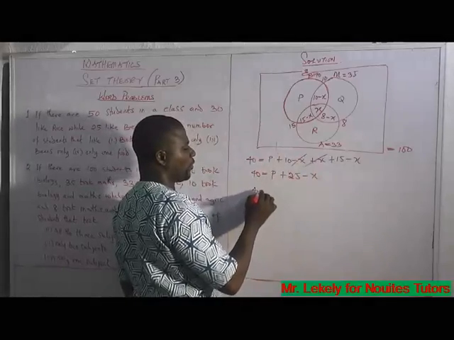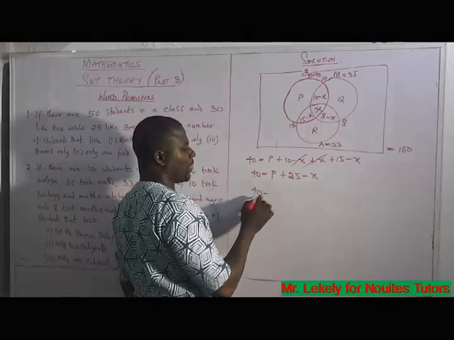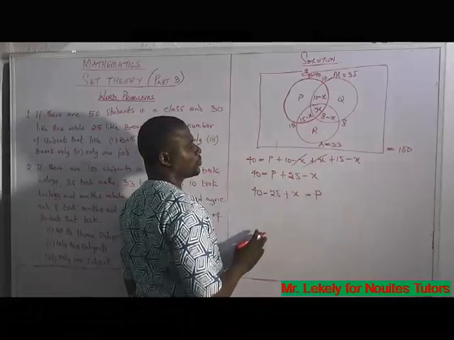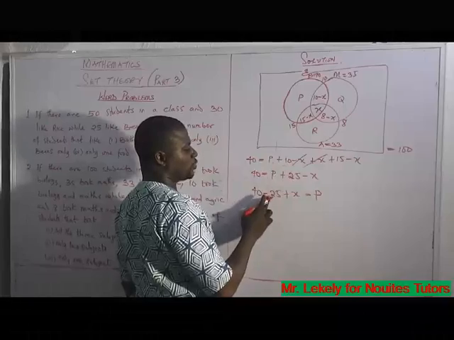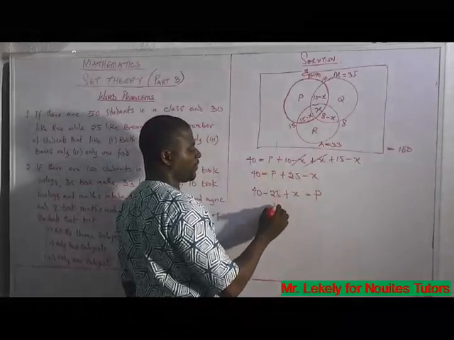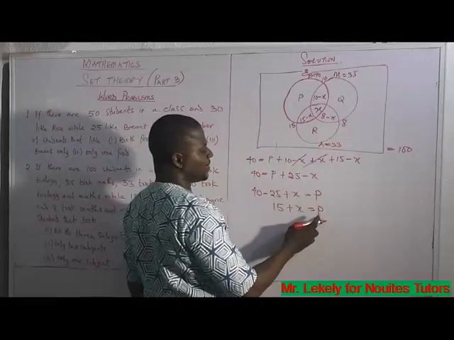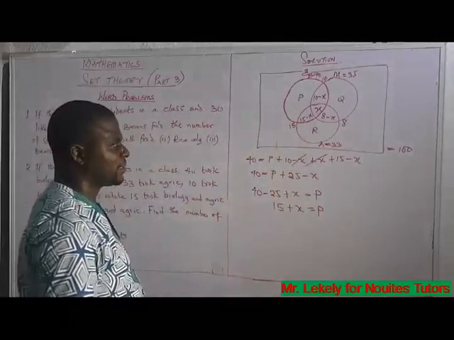So I'm going to have 40 minus 25 plus X equals P. You see that? I brought plus 25 here, it changed to minus 25. 40 minus 25 is 15, plus X equals P. That means anywhere I see P, my P is 15 plus X.